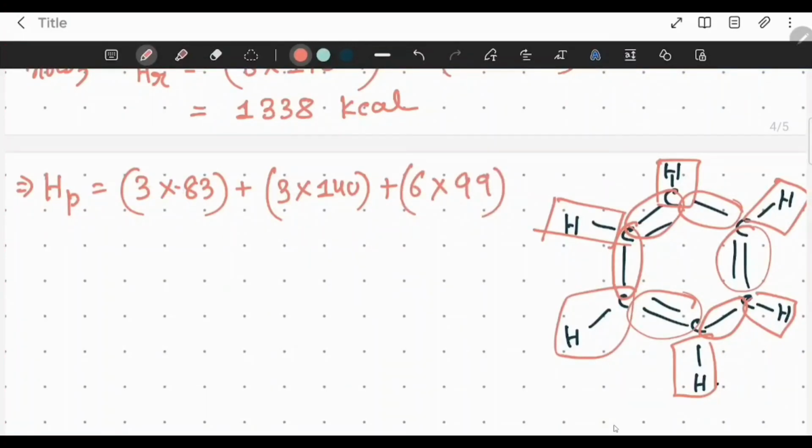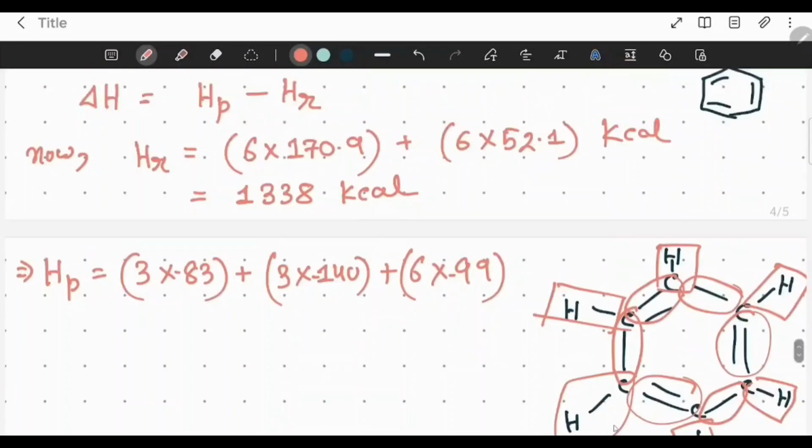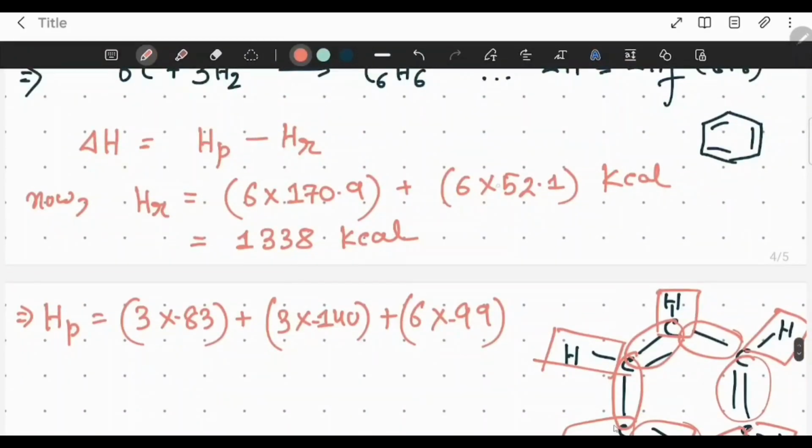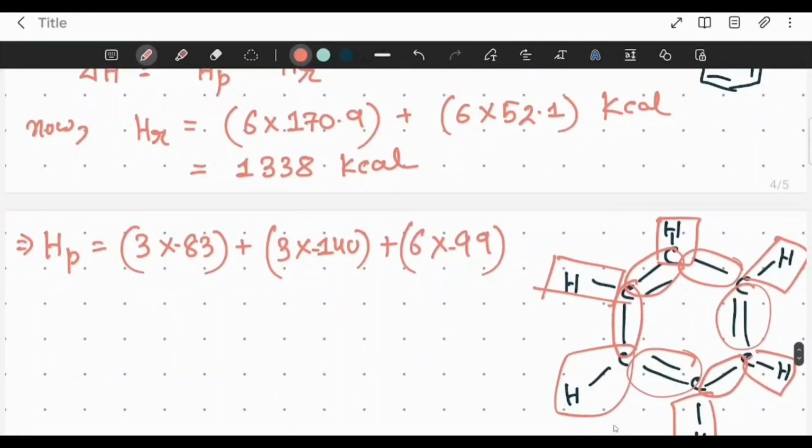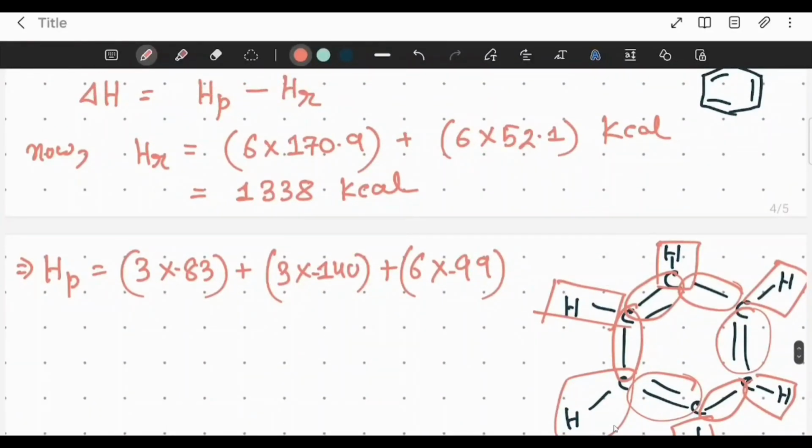All are minus. They are minus signs. These are bonds, so the minus sign will be there.